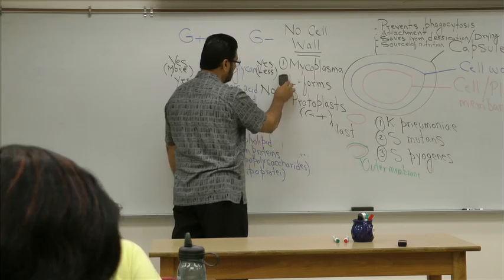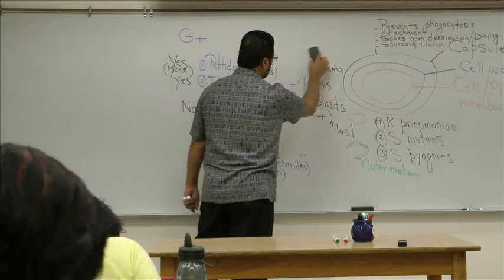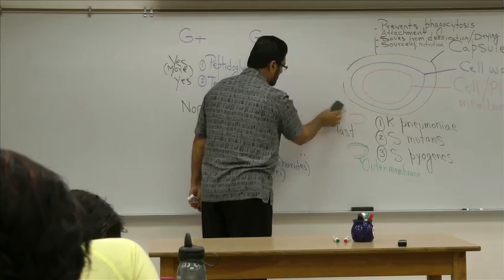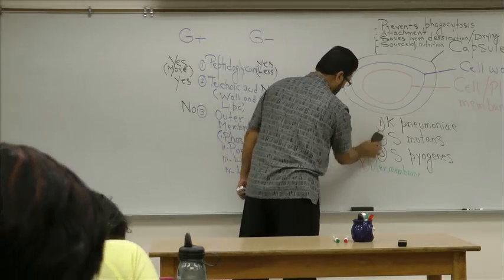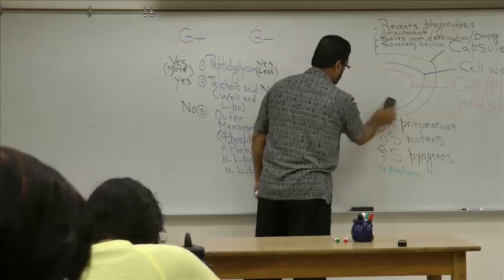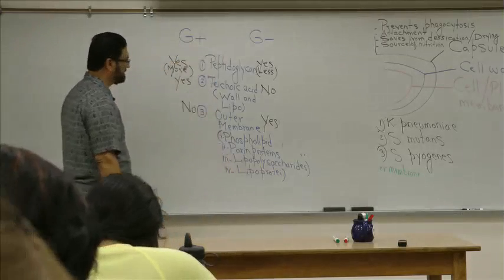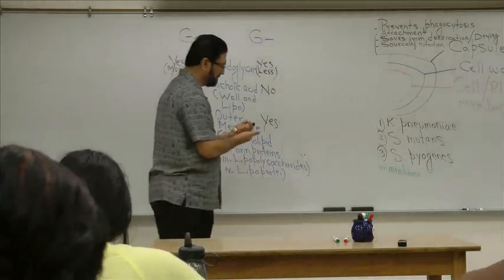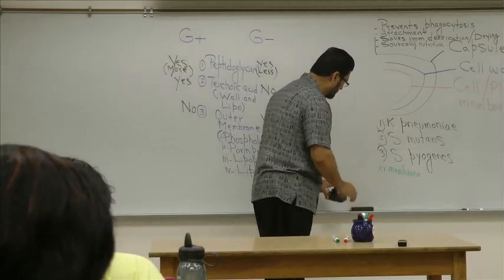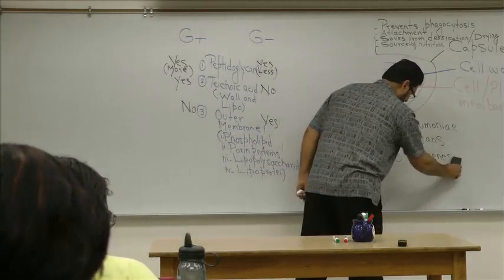E. coli is gram-negative. Now we talk about hypotonic and isotonic. How do cells react in isotonic and hypotonic solutions? How does the cell wall protect them or not protect them?